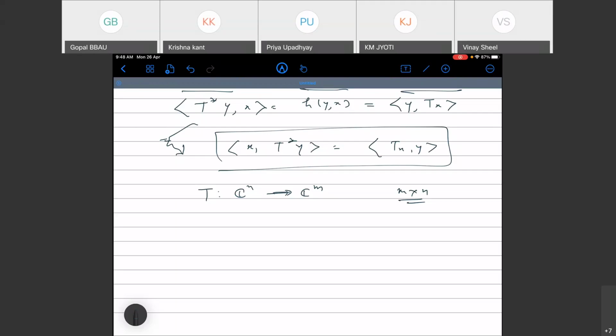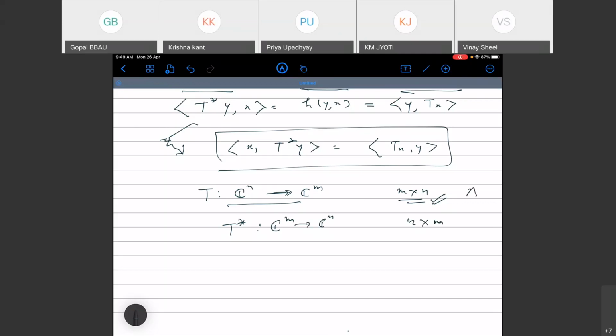Okay, so we will see that if T is a linear operator in here, this means we have a matrix of order m cross n. Then we will see that T star will be a matrix of order n cross m, and there is a relation.